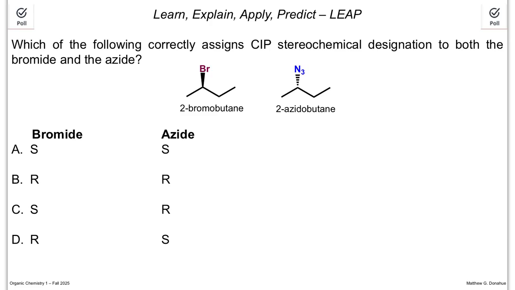So let's just make the assignments now. What is the CIP designation for the 2-bromo and the CIP designation for the 2-azide?